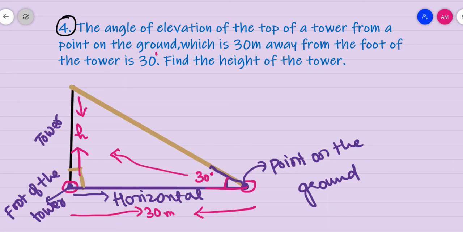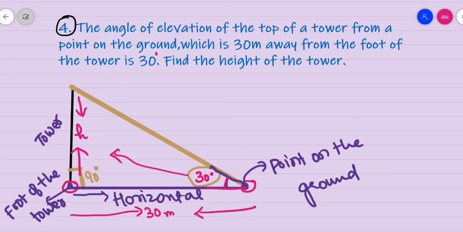This is the 30 degree angle of elevation, and the tower falls in front of 30 degrees, and you have the adjacent side, which is 30 meters. You know the length of the adjacent side, and you need to find the length of the opposite side. By which ratio are opposite side and adjacent side connected? It is connected with tan or cot.